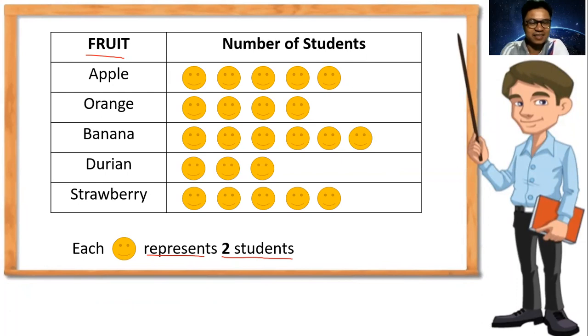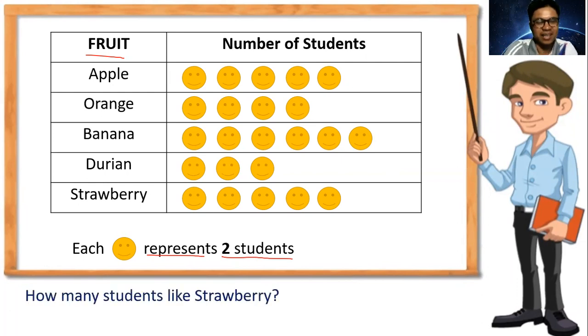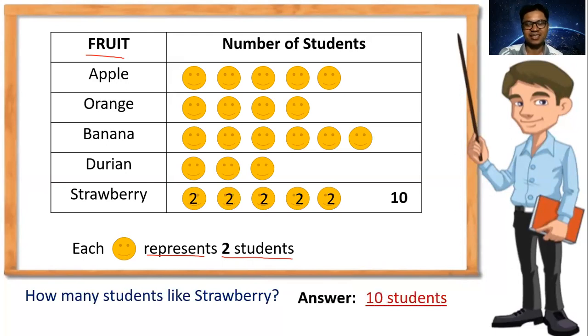Next, how many students like strawberry? Let's go to strawberry. How many smileys here? 1, 2, 3, 4, 5 times 2. 5 times 2 equals 10. So there are 10 students who like strawberry.